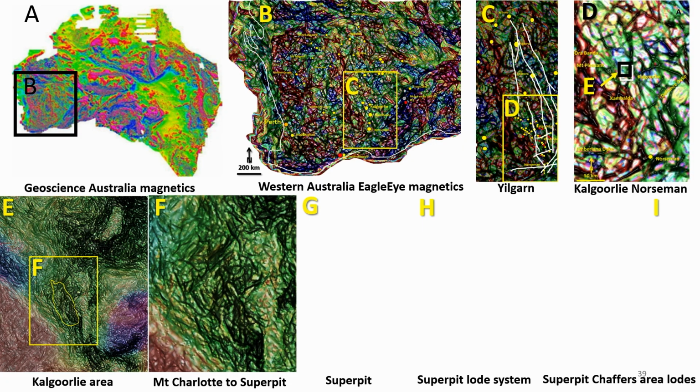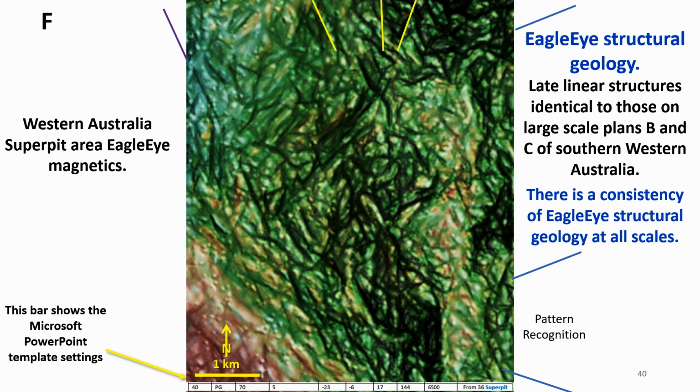So we'll now go down into the Superpit. Following the Australia-wide structures that we saw in the first lot, you've got strong structures showing through here, which is the Boulder-Lefroy.